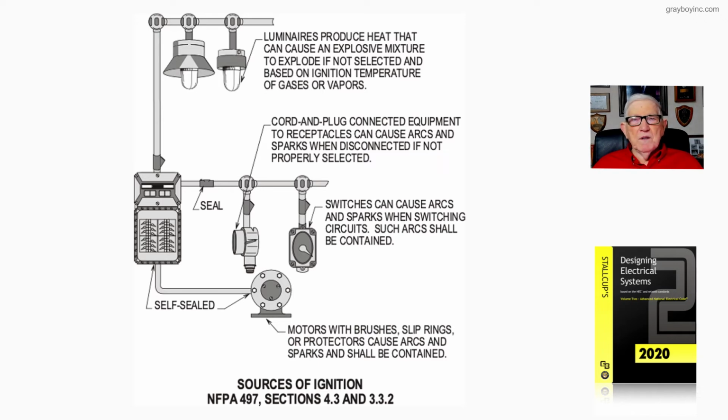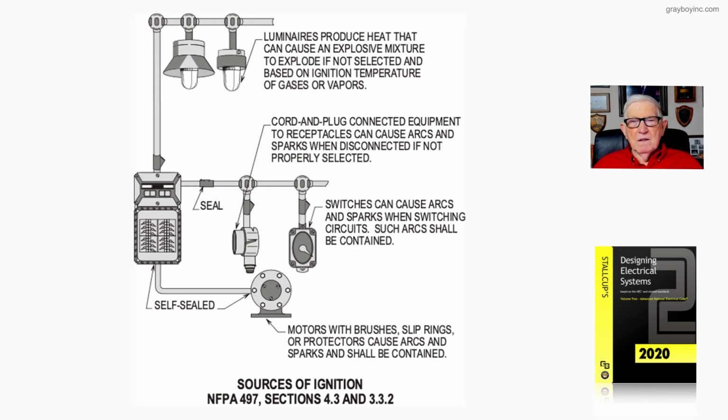And it would be the kind that you cord and plug connect, and once it's cord and plug connected and energized, you can't energize it without turning it off. Then you have the type with a tube, the enclosed chamber, that contains the arc and extinguishes it, and therefore that type of receptacle could be used.